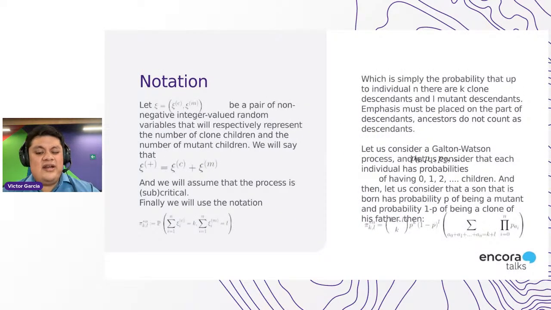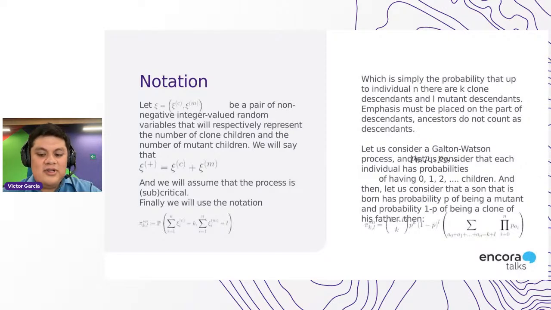Getting a little bit technical on this, we will use some notation. The pair ξ, which is ξ_c and ξ_m, will be a pair of non-negative integer valued random variables, which is the number of mutant children. I will switch between children and infected to get deeper into the Galton-Watson correct names.